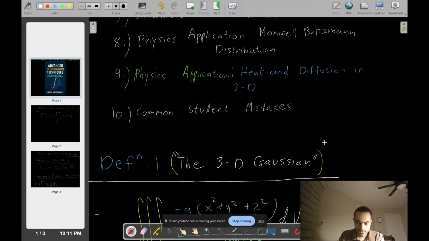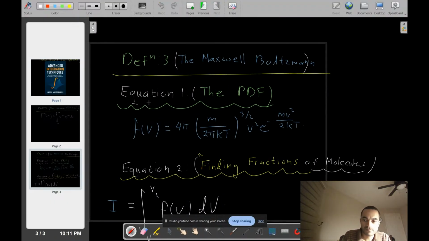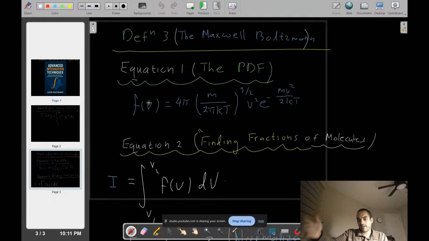You don't need to know what it is per se, but it's good if you know what that integral is. A little backstory on the Maxwell-Boltzmann distribution. Maxwell was a theoretical physicist responsible for his discoveries in electromagnetism, specifically the Maxwell equations.